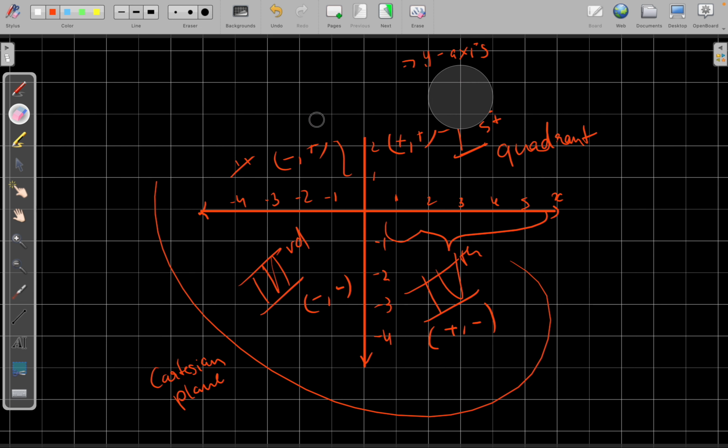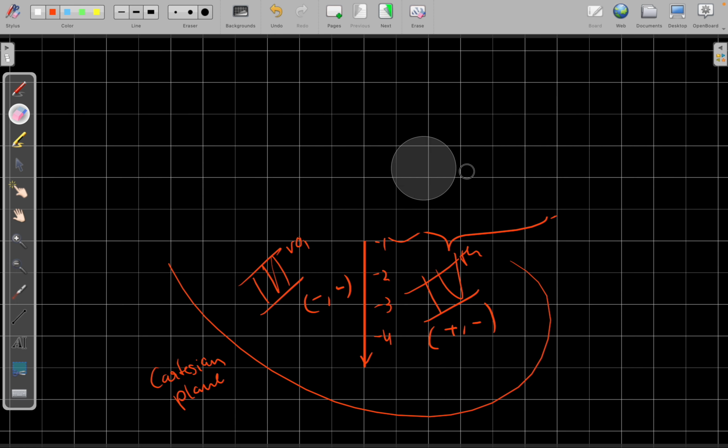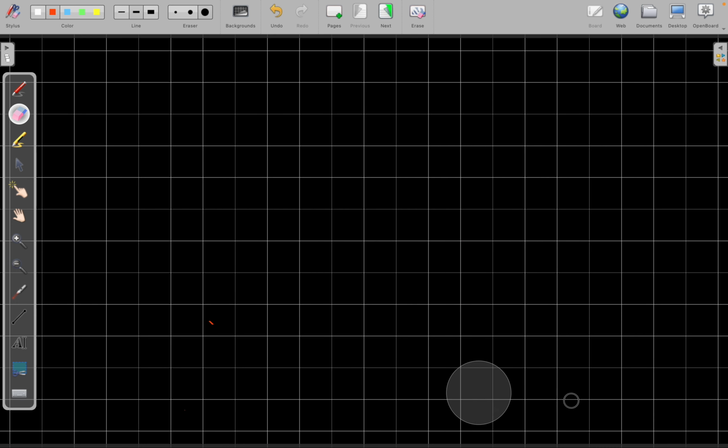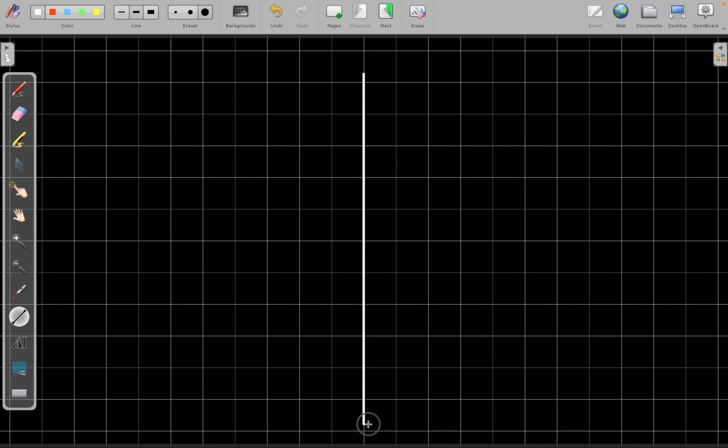Something to keep in mind, just to clarify, is that we write the x-coordinate and then the y-coordinate while writing down the notation. With that out of the way, we can now make a new coordinate plane right there, and another one.